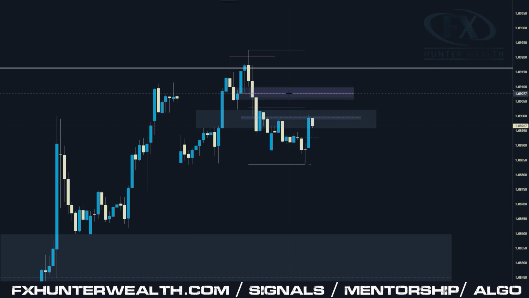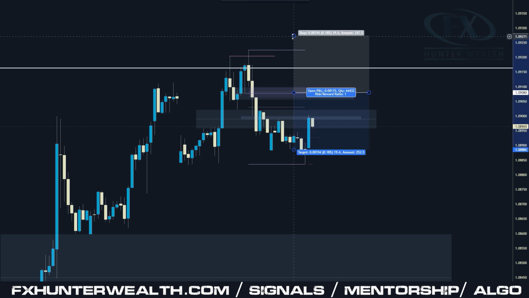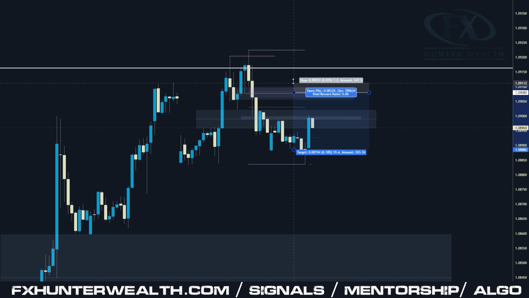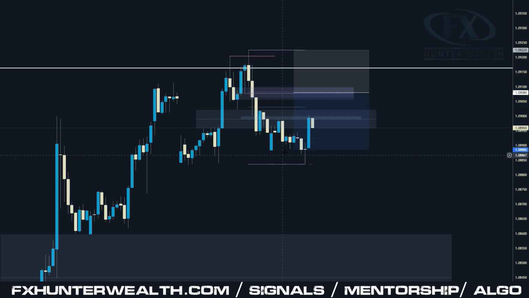And here is actually where we could be looking for the entry with the stop loss. Stop loss placement is a category for itself, right? But what I'm doing is placing the stop loss where my trade will be invalidated, not anywhere here where I would be looking for some perfect entry like this, but simply where it is invalidated for me, right?